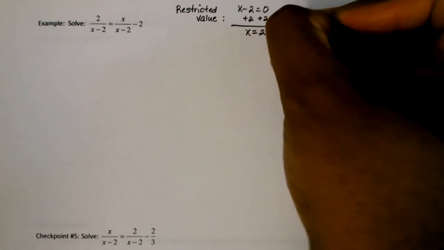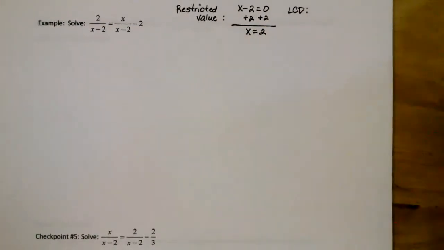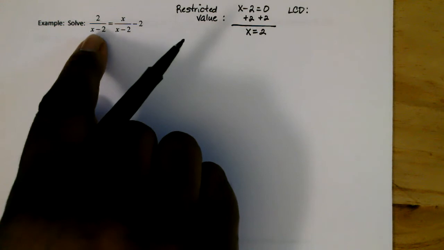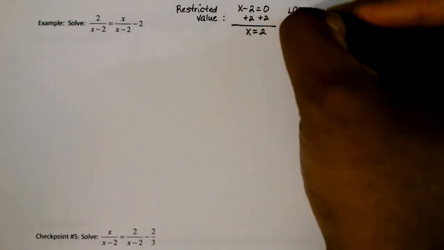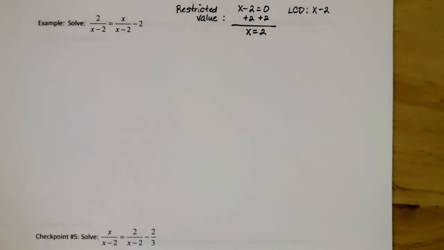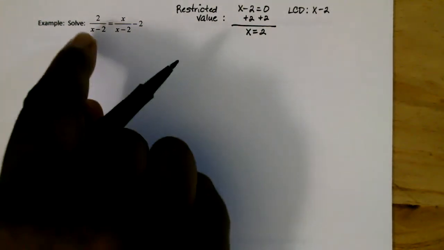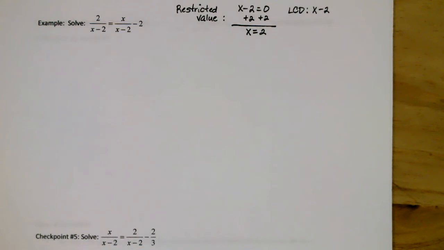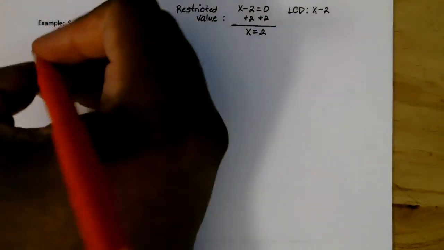And now I need my LCD. Well, the only least common denominator I have is that expression x minus 2. So that's the LCD right there. And then I'm going to multiply each and every term in that equation by the least common denominator of x minus 2. So here we go.